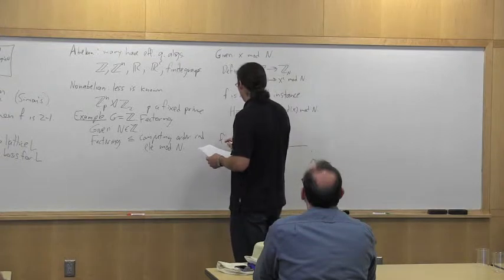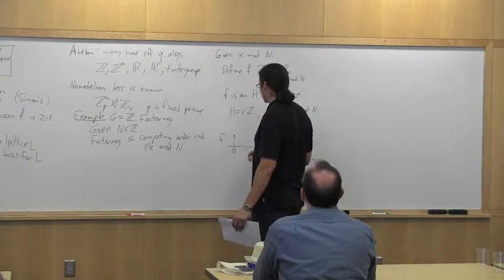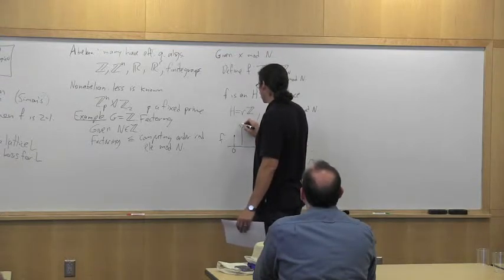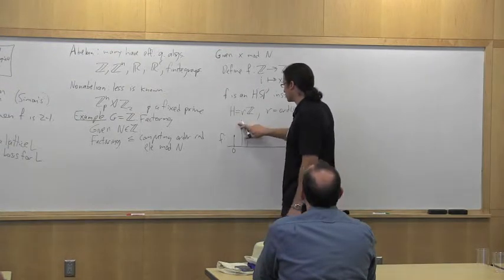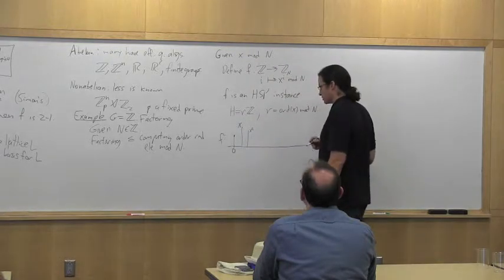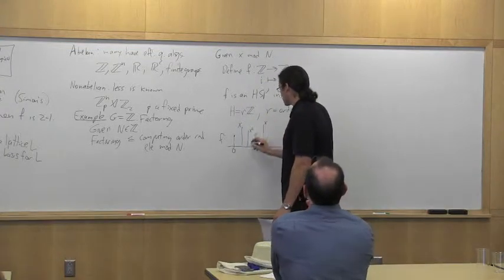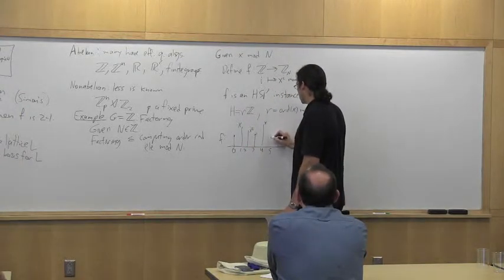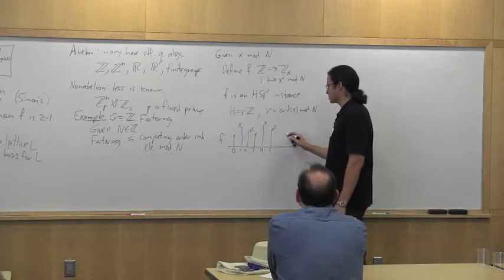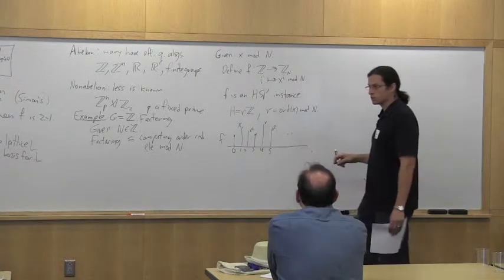At 0, it's x to the 0, so you get 1, and then you have x, whatever x is, and then you have x squared, which is maybe some other value. Say it has order, let's say it already repeats here, and then here you'd have 1 again, and then x again. So this is evaluated at 1, 2, 3, 4, 5. You can see the subgroup is just the multiples of the order.